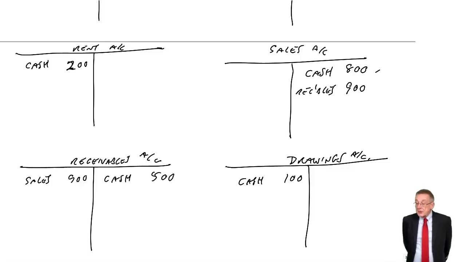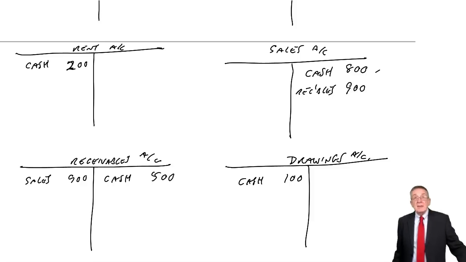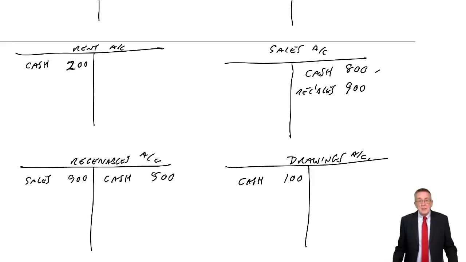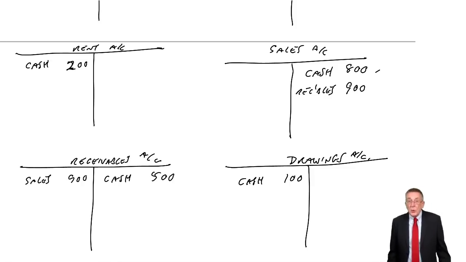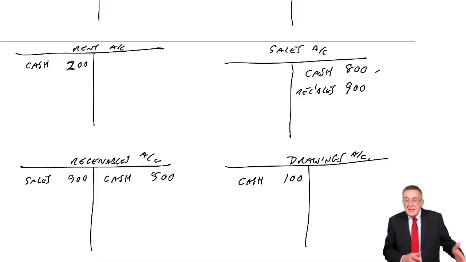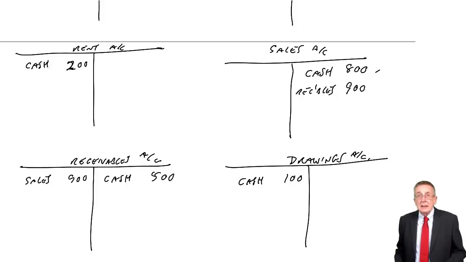In real life, of course, these days most people use computers. And so instead of having a book, all these accounts will actually be computer files, but we still call it the nominal ledger, even if it's on the computer. And the computer will still be debiting, crediting, using the same rules in the same way.